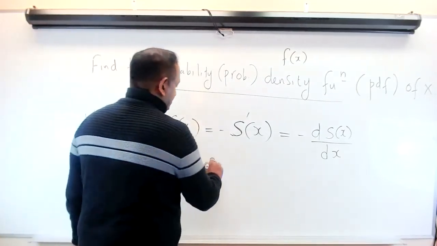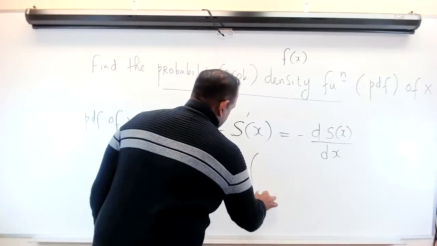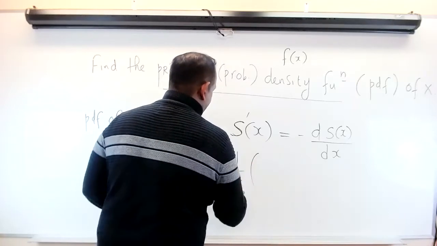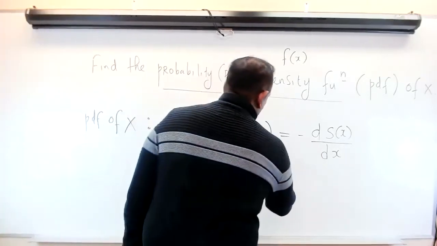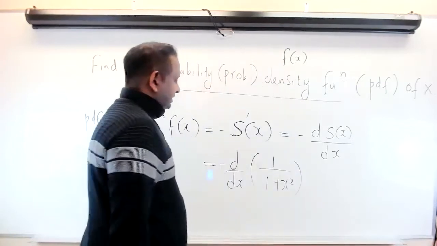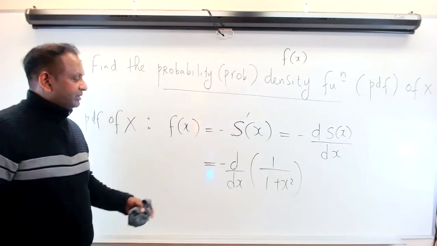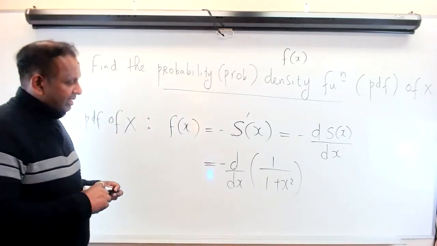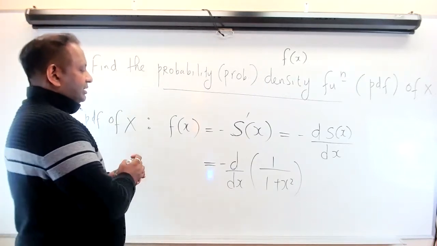Since we already got the survival function, 1 over 1 plus x squared, you take the derivative of that with respect to x and then multiply by negative. And you can easily take the derivative.